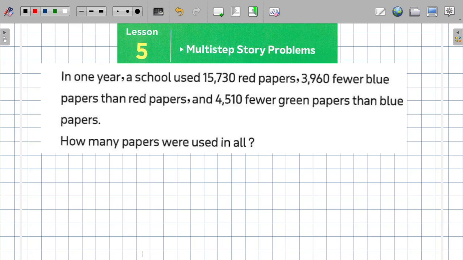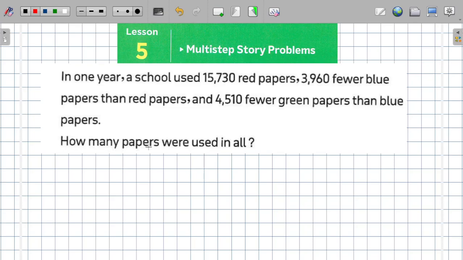Our first example here, or first question here, he said, in 1 year, a school used 15,730 red papers, 3,960 fewer blue papers than red papers, and 4,510 fewer green papers than blue papers.